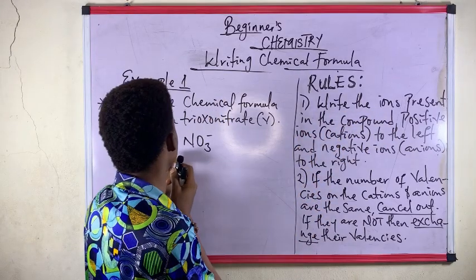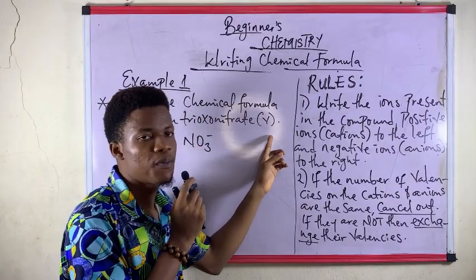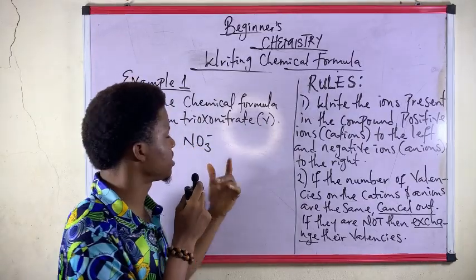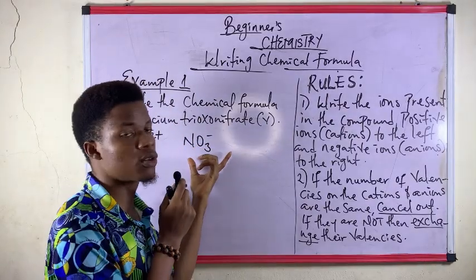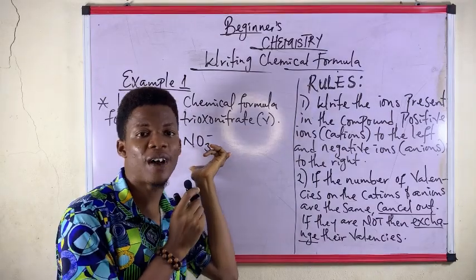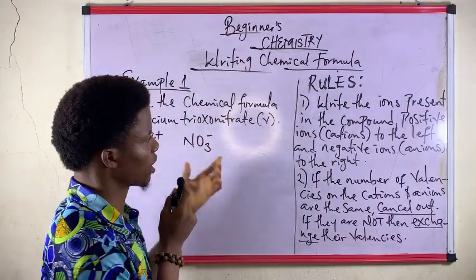So in the compound calcium trioxonitrate 5, what are the ions present? Calcium ion and what? Trioxonitrate 5 ion. So we wrote out the ions present.